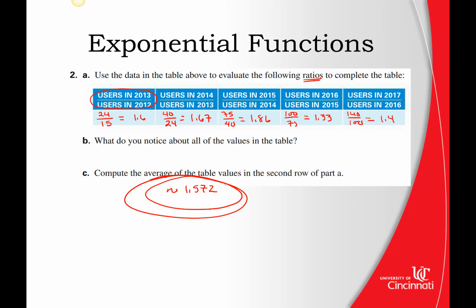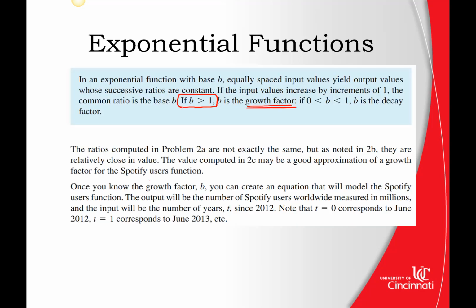In other words, the newer value divided by the older value. Those ratios won't always come out exactly the same, but they'll be sort of close. You can then take an average of those to figure out about what the B value should be.